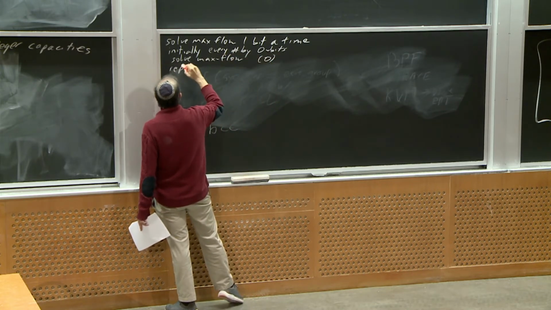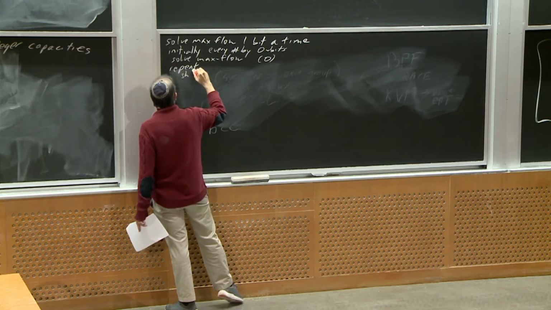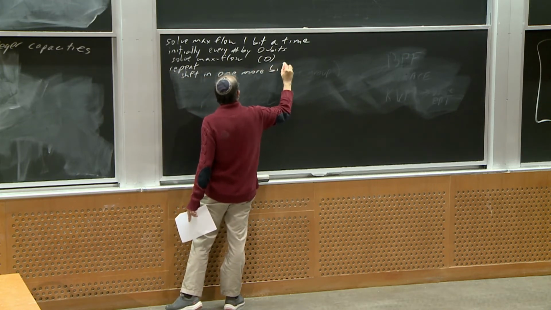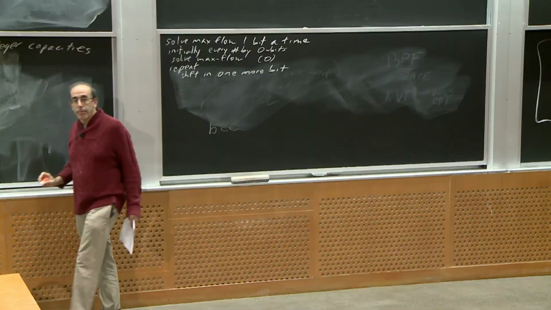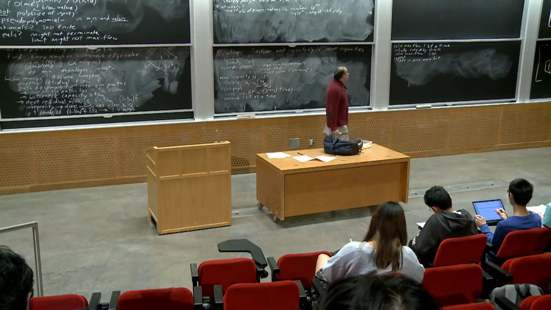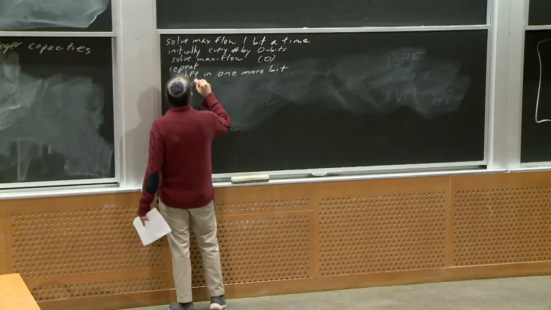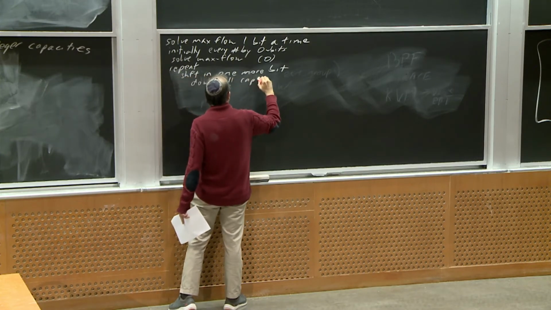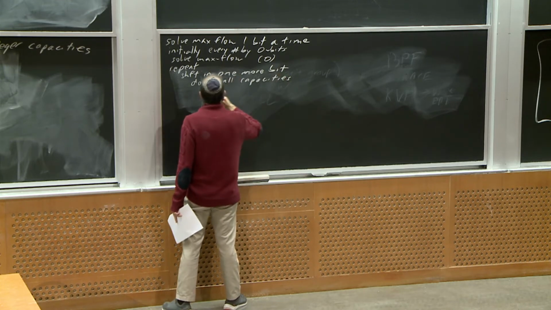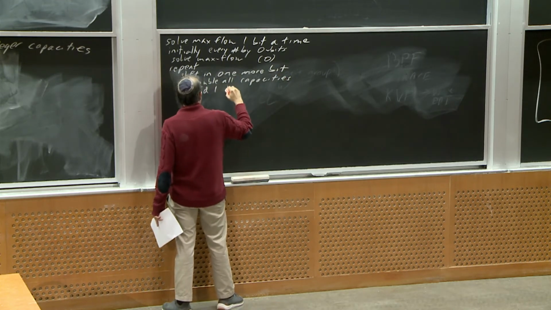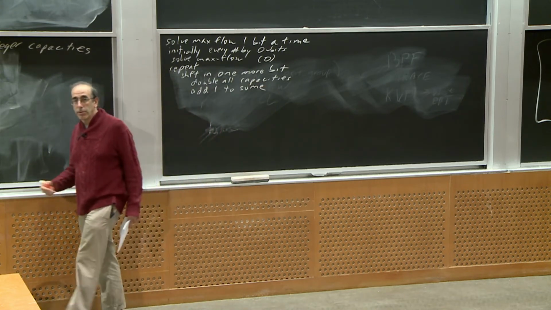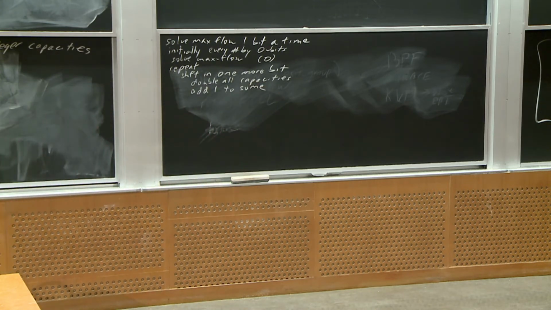Now we are going to repeatedly shift in 1 more bit of our numbers. What does this mean? It means we double all the capacities, and then we add 1 to some of those capacities, the ones where the bit that comes in is a 1.